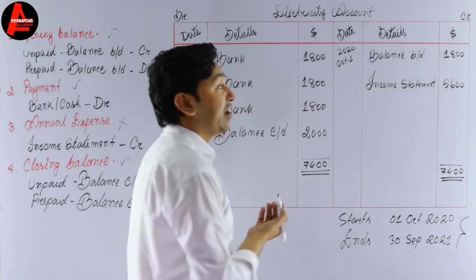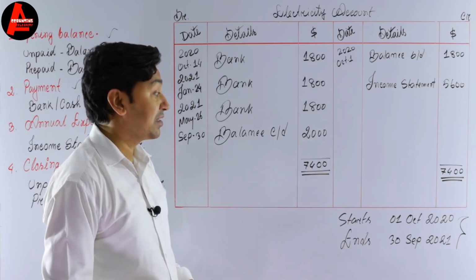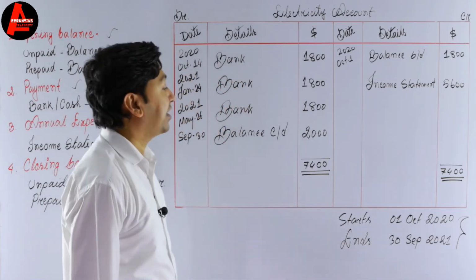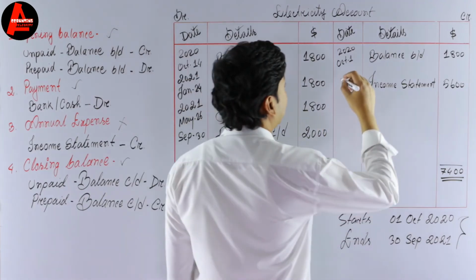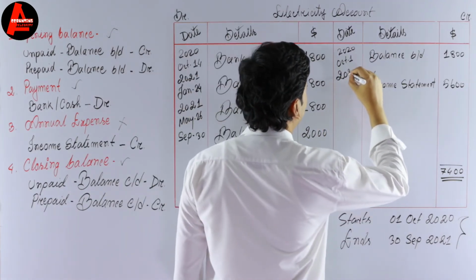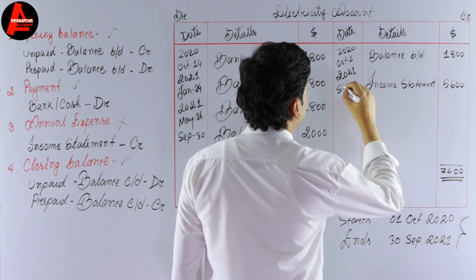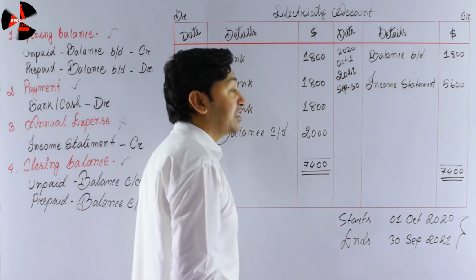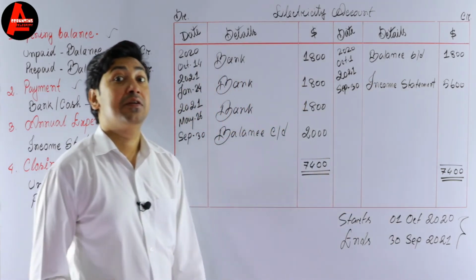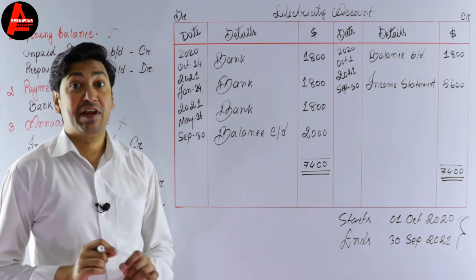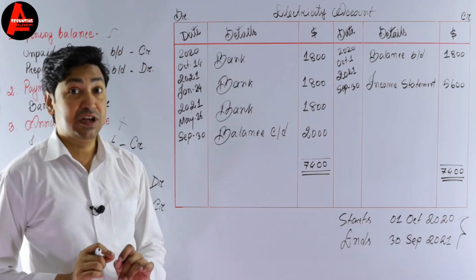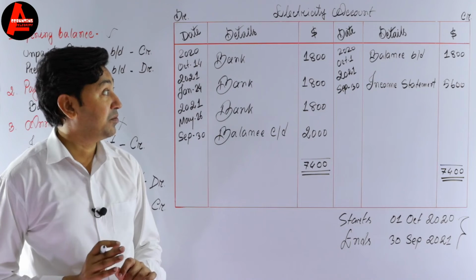The date for income statement will always be the last day of the accounting period, which is 30 September 2021. So let us write here 2021 September 30. Sometimes we see many students do not write the date, but don't forget there is a mark for dates. So you need to write the date. This is important as well.